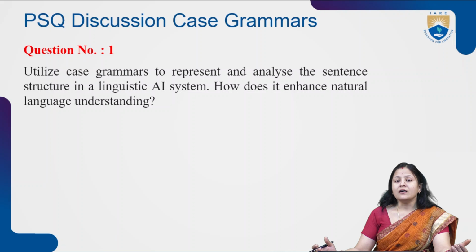Here it considers the parts of the sentence which can convey a better understanding of a particular sentence, like why the object is there, who has performed the action, where the action was performed, how the action was performed.